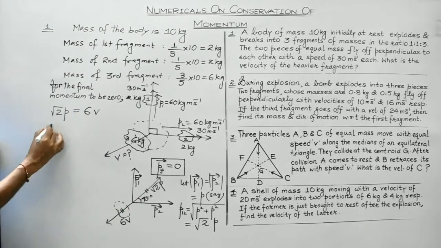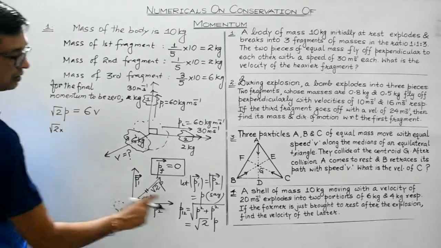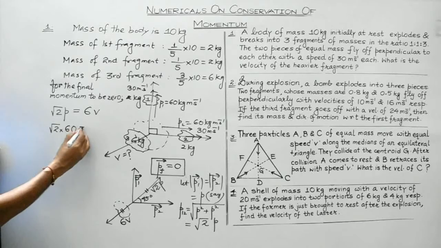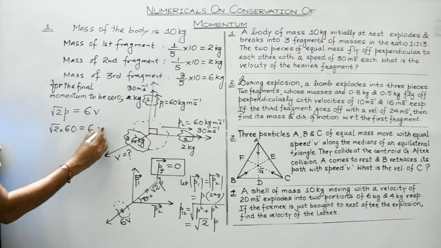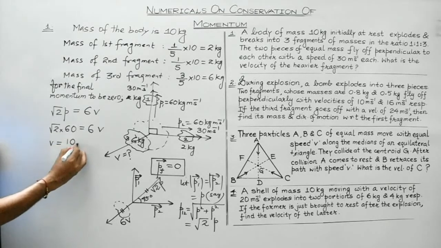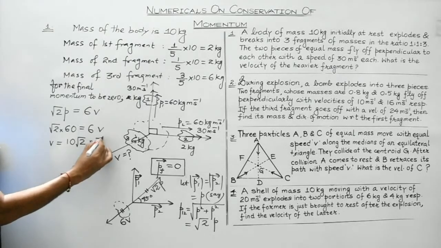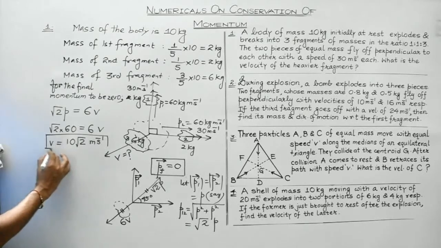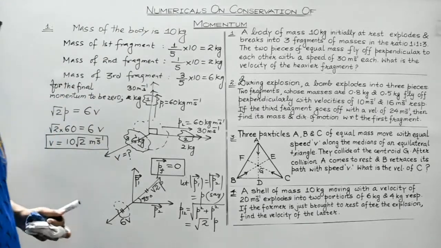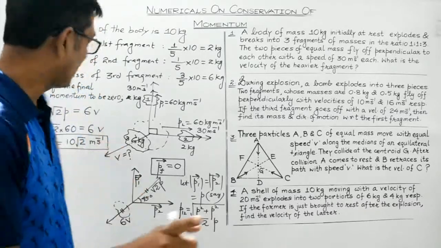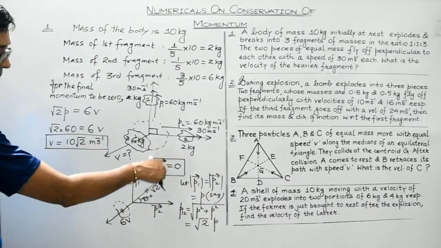So let's substitute the value. Root 2, what is P? The magnitude of P is found to be 60. 6 into v. So what we get is v would be equal to 10 root 2 meter per second. So this is the answer. Clear, students? So the third fragment must possess velocity of magnitude 10 root 2 meter per second.